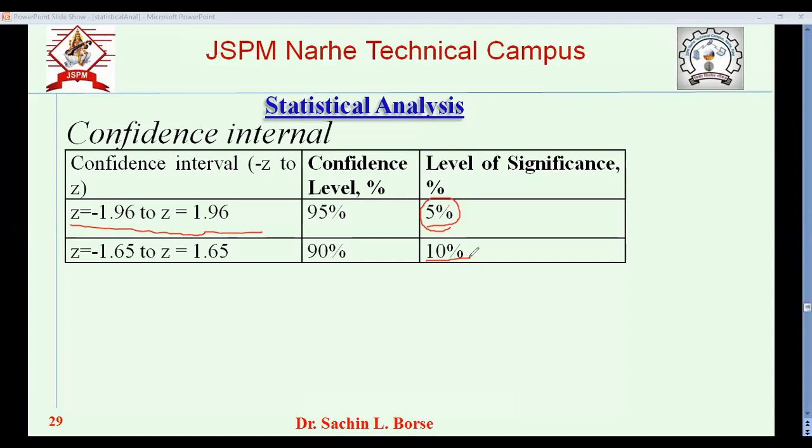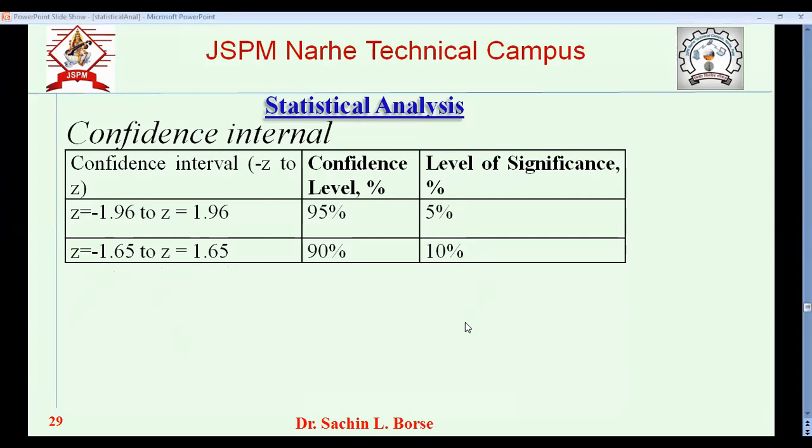If they want 10% level of significance, then the value of Z is minus 1.65 to plus 1.65. Even you can derive it from the table. I have already given the table of the Z value, and from that you can derive it.